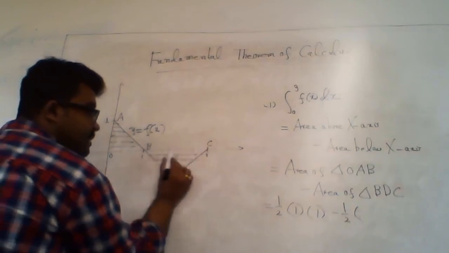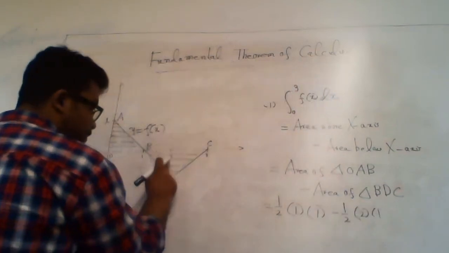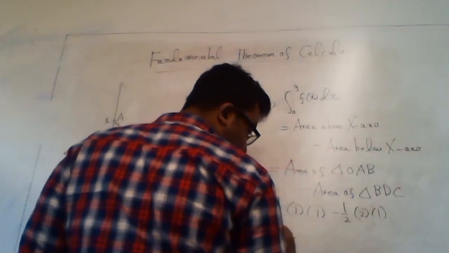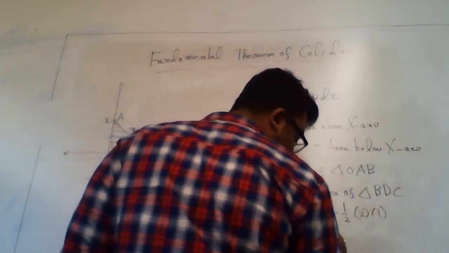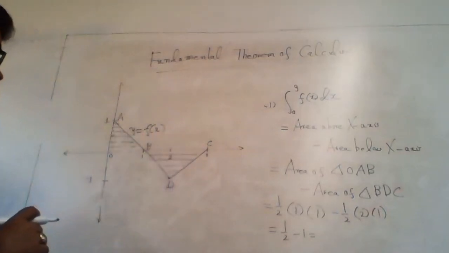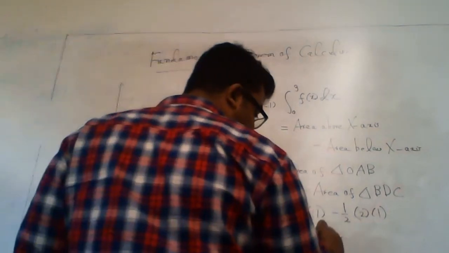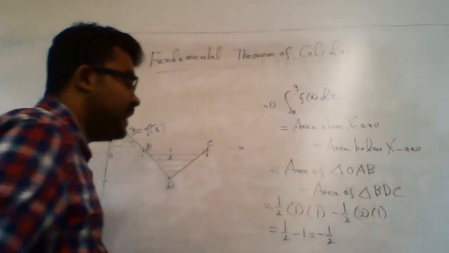The base is 2. What is the height here? The height is 1. So I get half minus half times 2 times 1, so I get minus half as my answer.